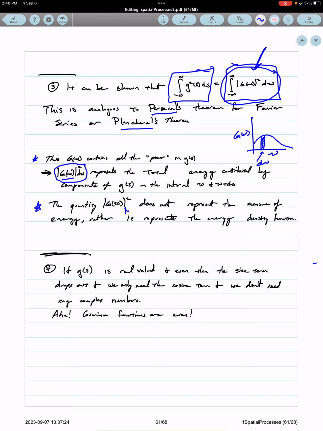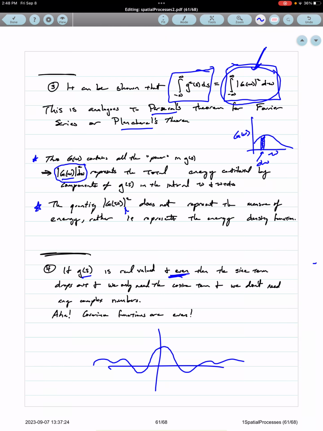If our function is real valued and even, this is critical. If it's even, then the sine term is going to drop out. So again, think of some even function, something like this. It would have to look the same way going in the other direction.